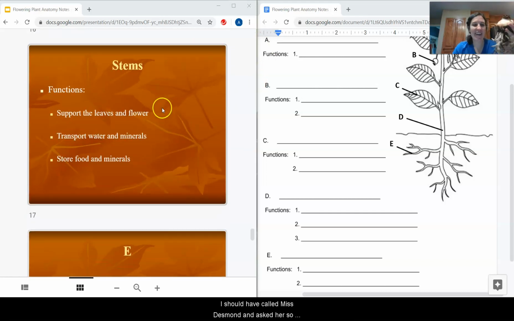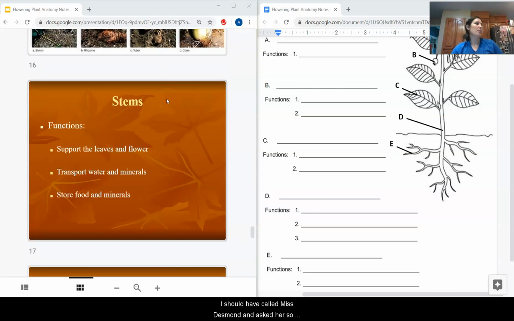All right, so stems. Now, stems of most things we think of, the stem is going to be for structure. It's kind of like your backbone. So what it's going to do, the stem of most things is going to support the leaves and flowers. So the whole purpose of the stem would be to support the leaves and flowers. So, oh, that's leaf. Don't want that.